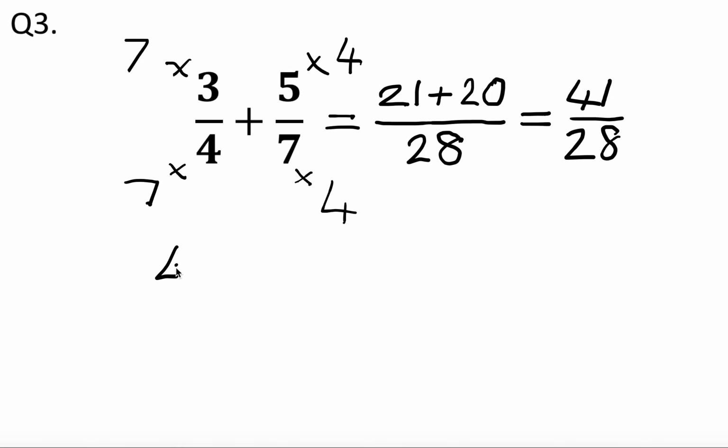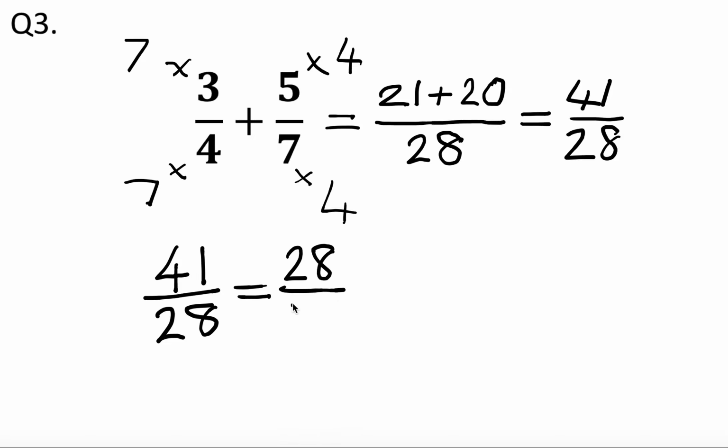So if we've got 41 over 28, what does that equal? Well, we can take 28 over 28, and what have we got left? Plus, what have we got left over 28?